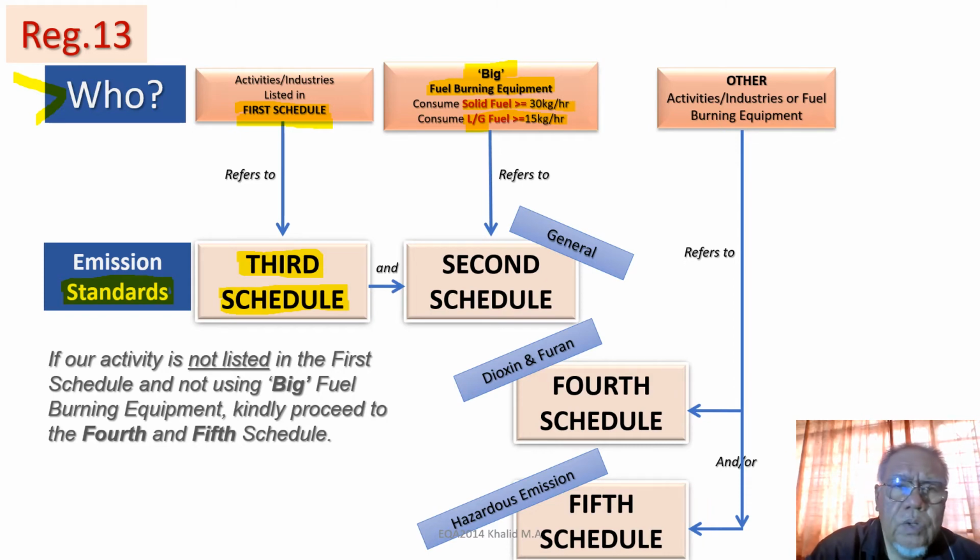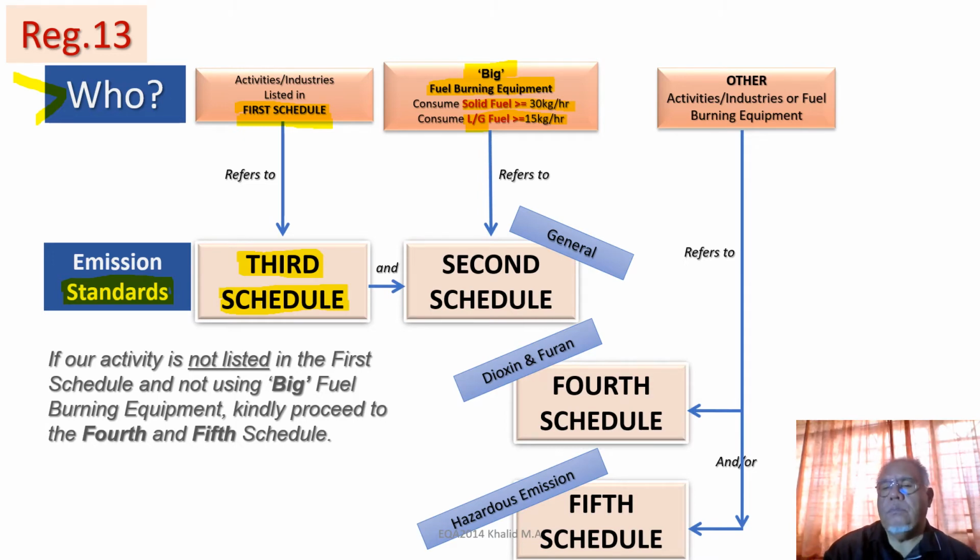Well, I've heard some using all this. All this liquid fuel, or even gas fuel like natural gas, liquid petroleum gas, at a rate of 15 kilogram per hour or more, then they are considered big fuel burning equipment.